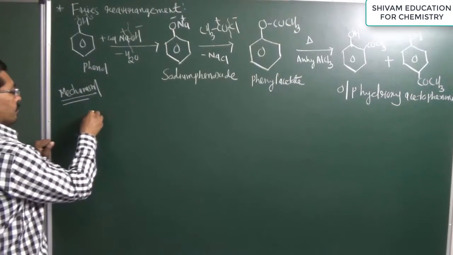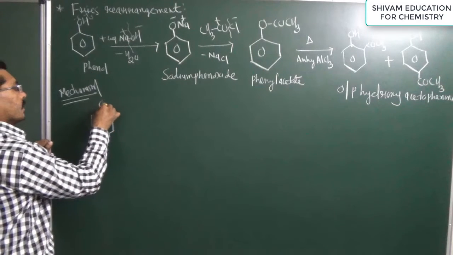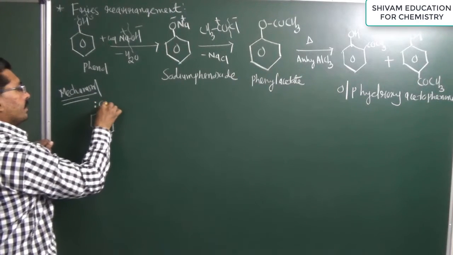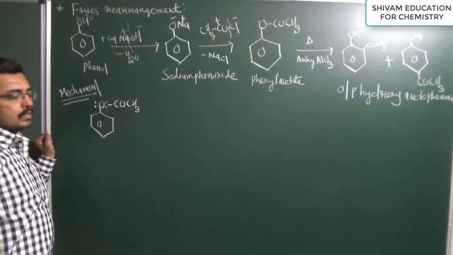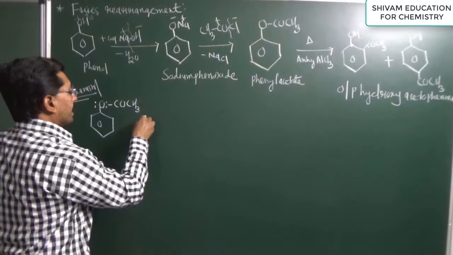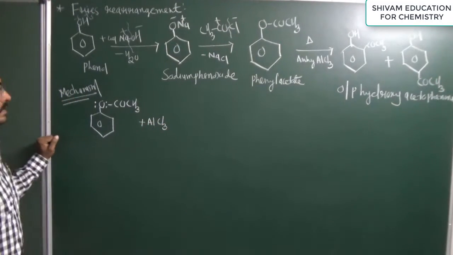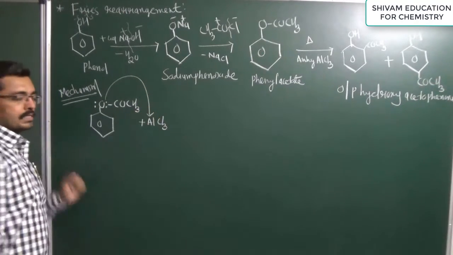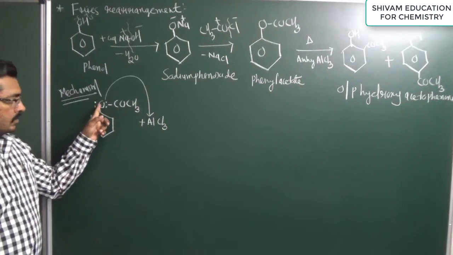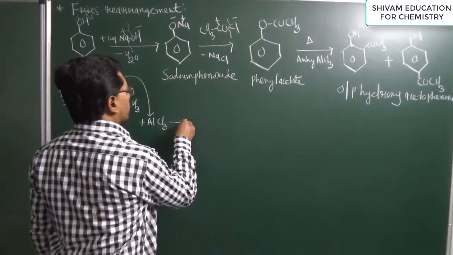Now we have this structure, phenyl acetate. In phenyl acetate, oxygen has a non-bonding electron pair, and there is the aceto group. We have taken anhydrous AlCl3 as a catalyst. When heated in the presence of the catalyst, this oxygen gives its non-bonding electron pair to aluminium, and we get this type of structure.